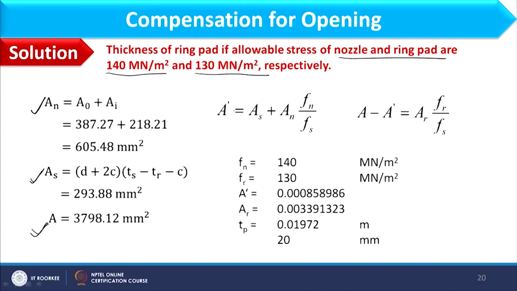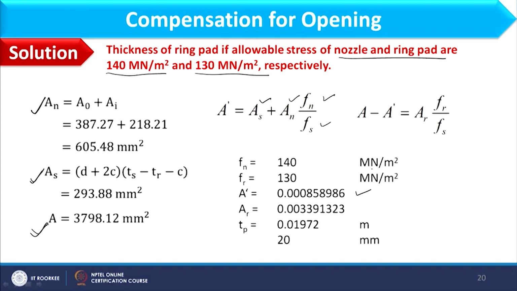Now, how can I find A dash, which is equal to AS plus AN Fn by Fs. Fn is the allowable stress of nozzle, Fs is the allowable stress of shell. Okay. Considering this, AS I have already calculated, AN I have already calculated. Putting all these values, we can calculate A dash as 0.000858986.